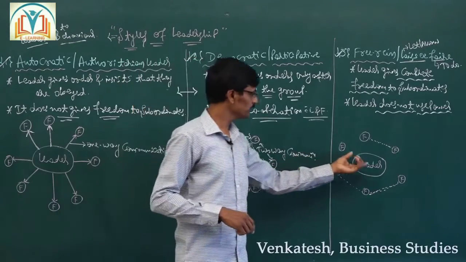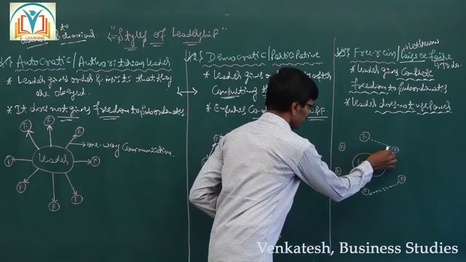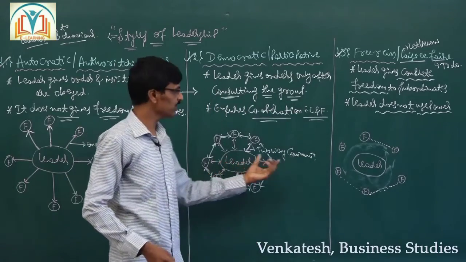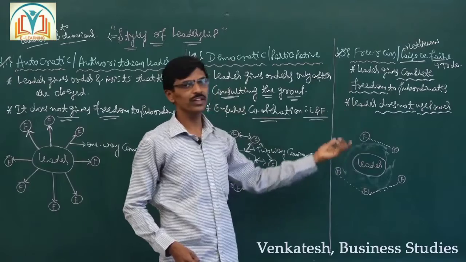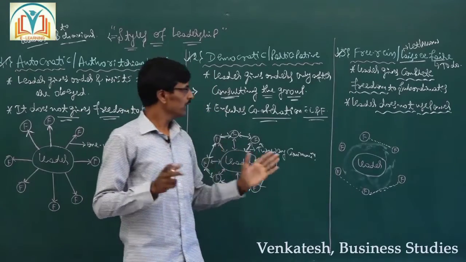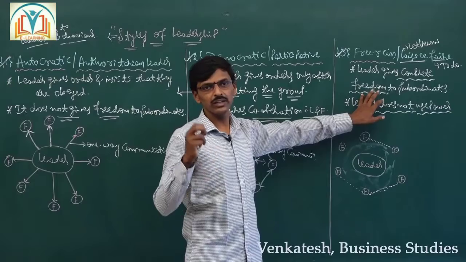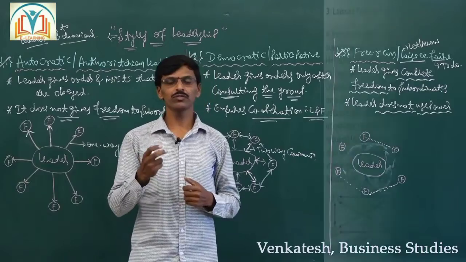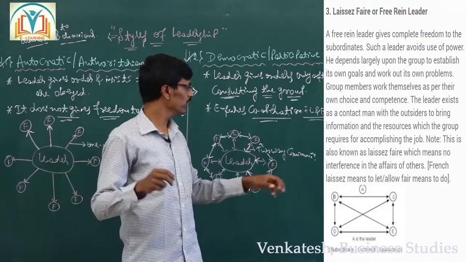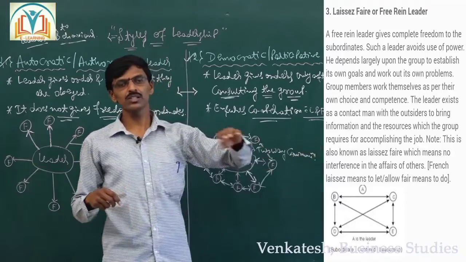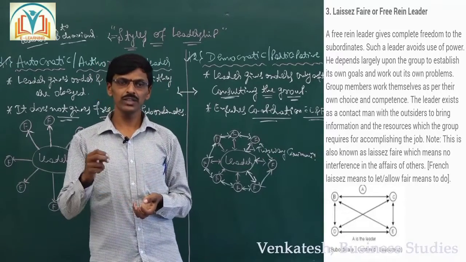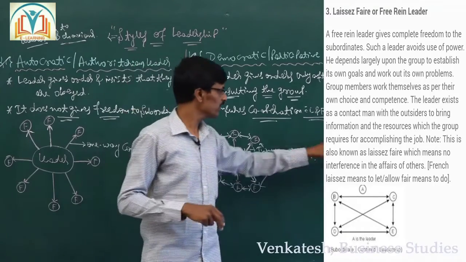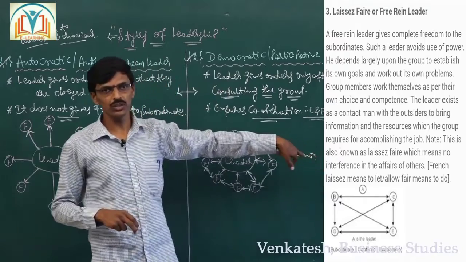They complete the task given by the leader. You can see there is no interference of the leader, and no direction can be observed in free rein. Subordinates have complete freedom to take decisions and follow the route, and they complete the task given by the leader with discussions and exchange of information between the followers only.